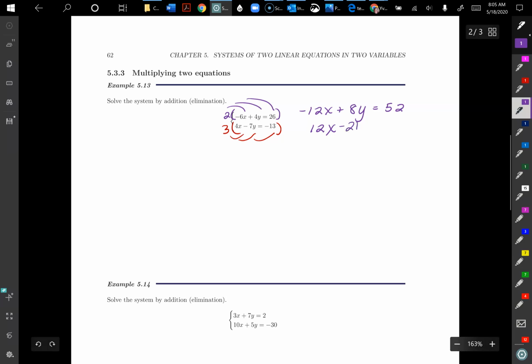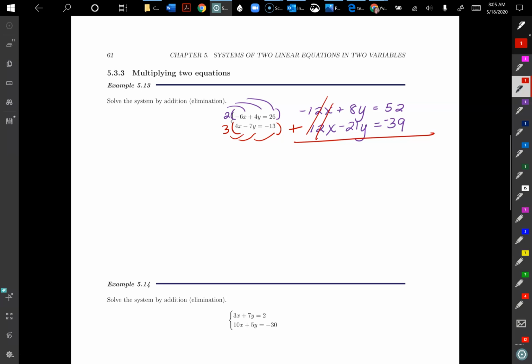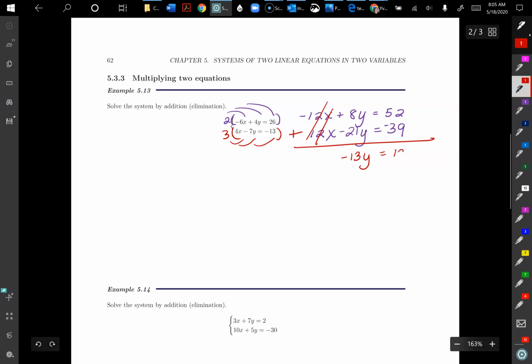Minus 21y equals -39. Then I add them together. These zero out. Always double check that. Then I'll get 8 minus 21y, I get negative 13y equals 52 minus 39, which is 13.